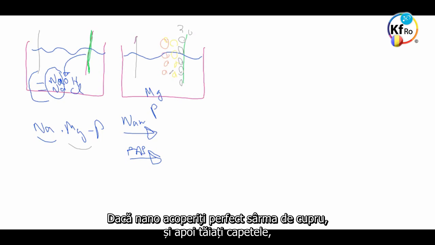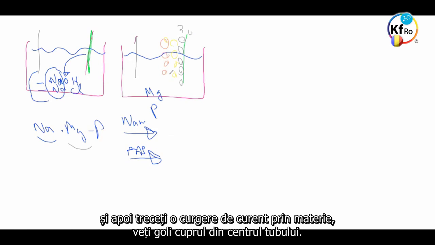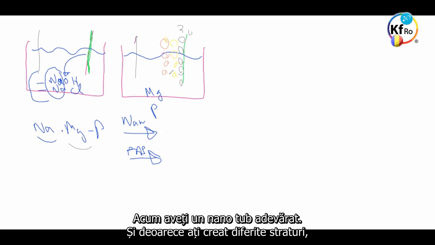If you nano coat the copper wire perfectly, and then cut the end, just snip the end off, and then put a current flow towards the matter, you will empty the copper from the center of the tube. Now you have a true nanotube.